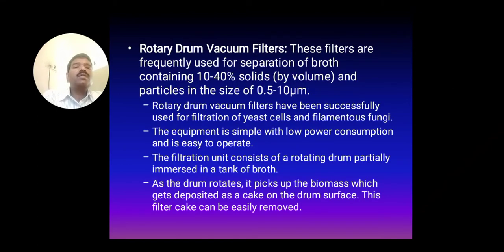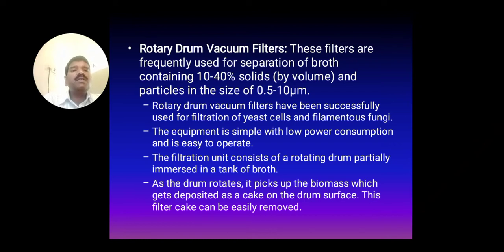Next one is the rotary drum vacuum filters. These filters are frequently used for separation of broth containing 10 to 40% solids and particles in the size of 0.5 to 10 micrometer. Rotary drum vacuum filters have been successfully used for filtration of yeast cells and filamentous fungi.